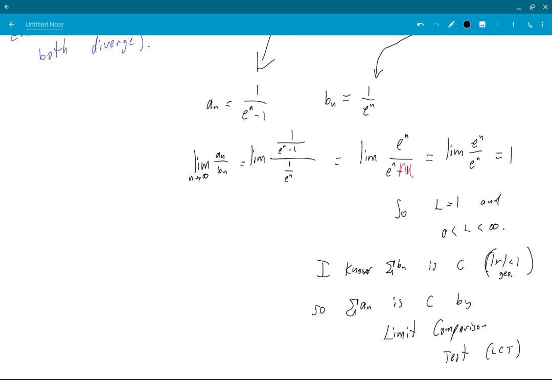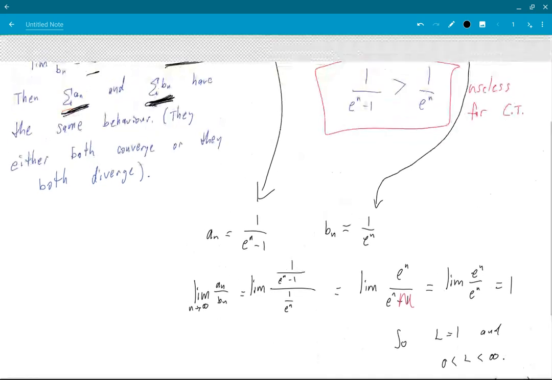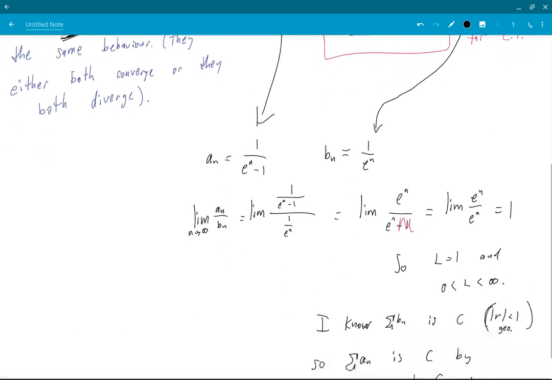Okay, so to review this example, what did I do? Summation an. So I said an is going to behave like bn when n is large. So that tells me that bn is a good choice when I go and do this limit here. I do the limit, I get 1.